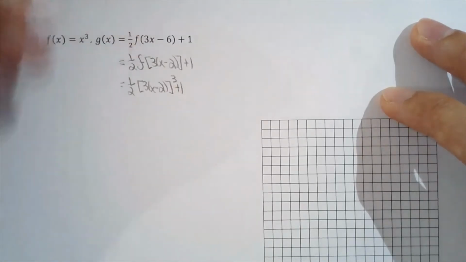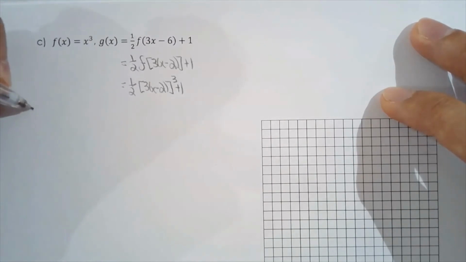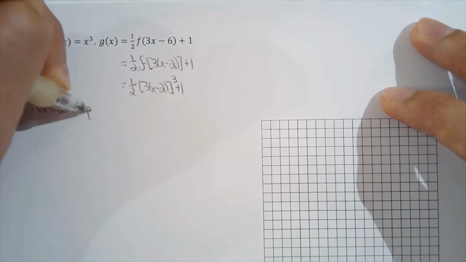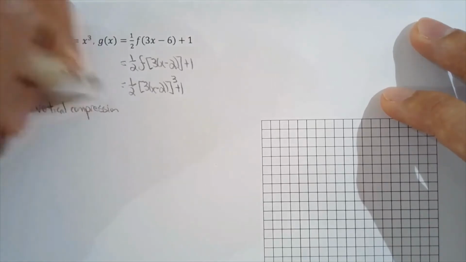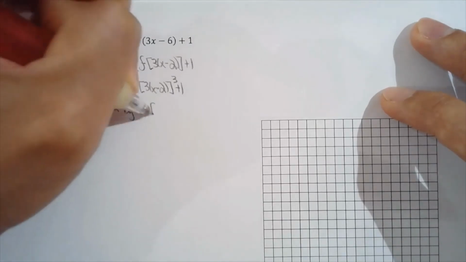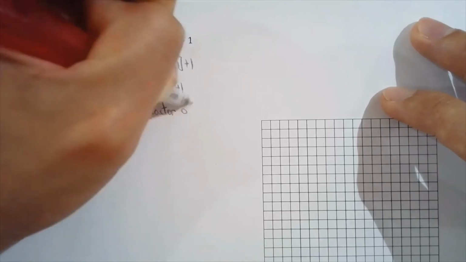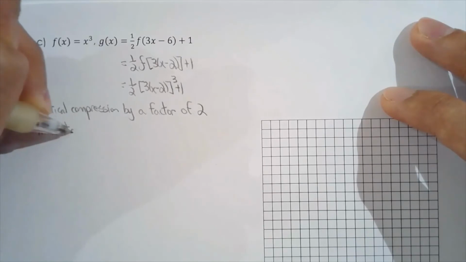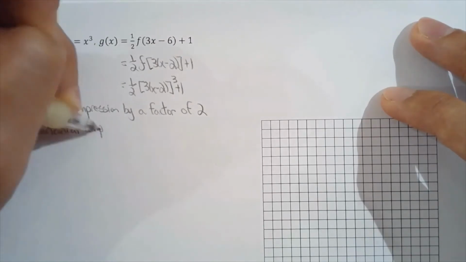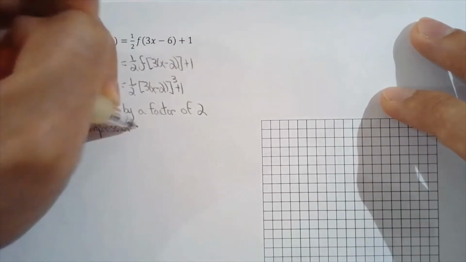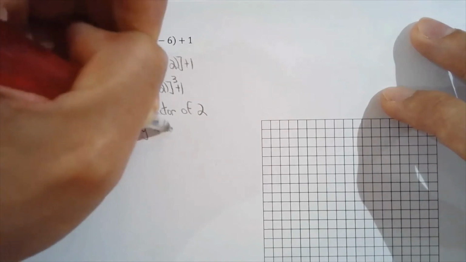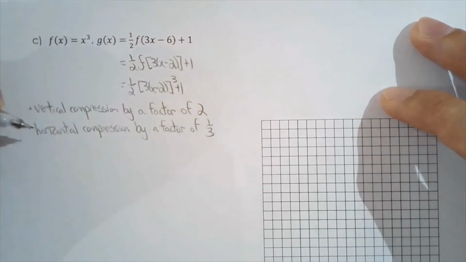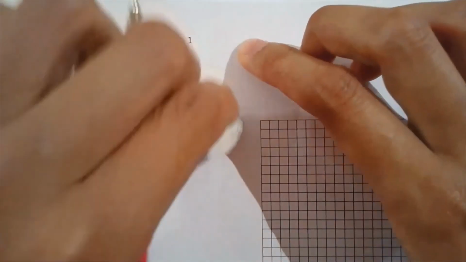Okay, so state the transformations: vertical compression by a factor of 2, horizontal compression by a factor of a third. Oh, whoops. By a factor of 3.